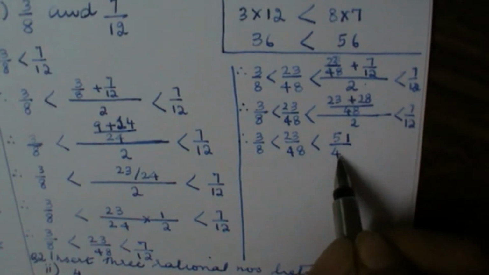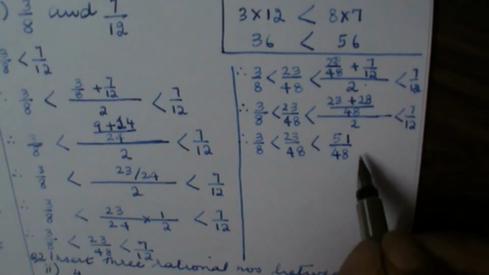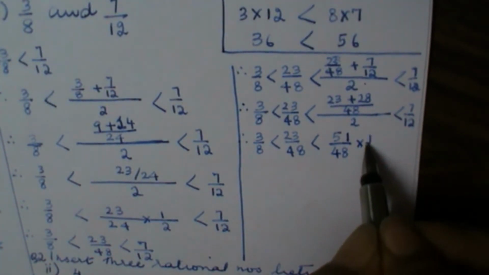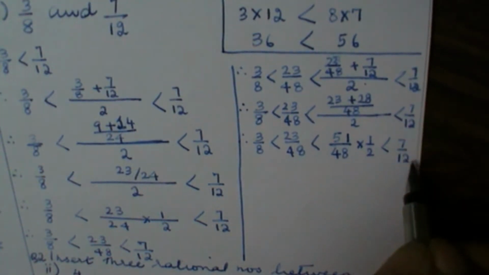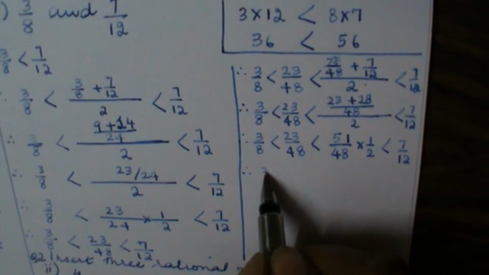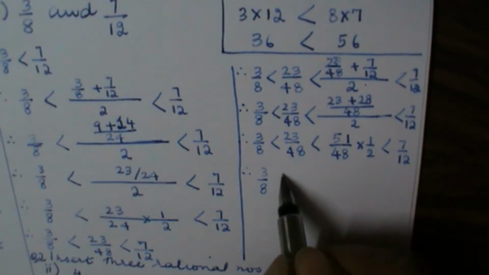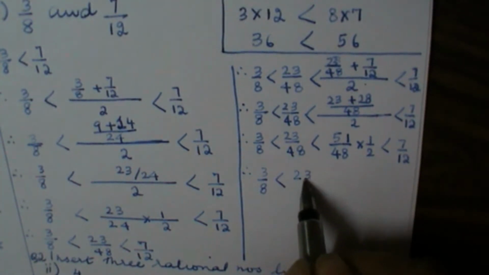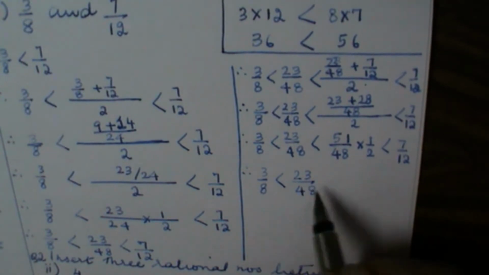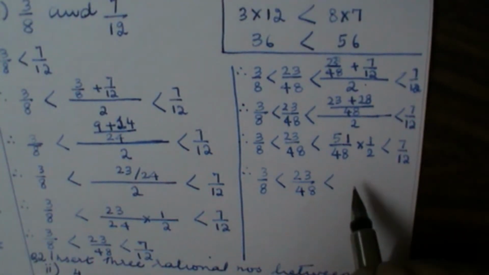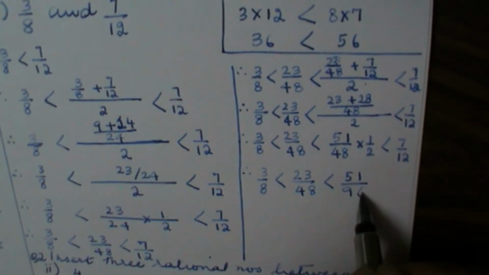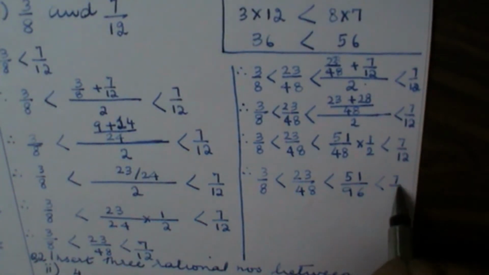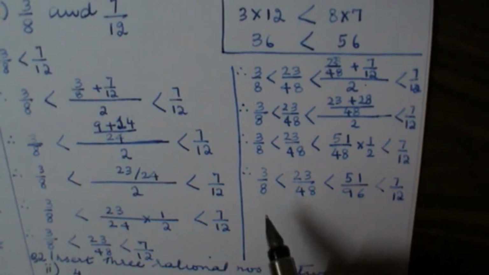upon 48, and I'm dividing by 2, so I shall write like so, and therefore I'll have 3 upon 8 less than 23 upon 48 less than 51 upon 96 less than 7 upon 12.